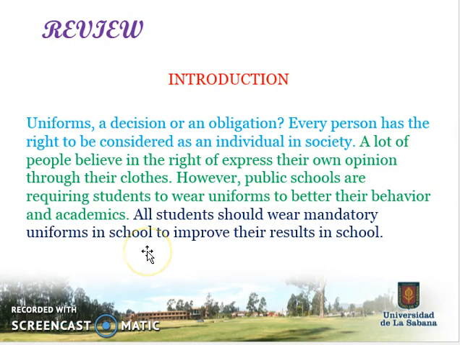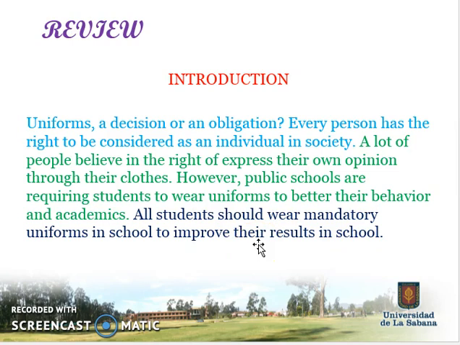So let's review. Here we have an example of the introduction. As you may see, we are going to concentrate on reviewing the 3 elements of it. You always start with a hook, which includes a question and a sentence. Then you have to write the background, and finally the topic sentence.